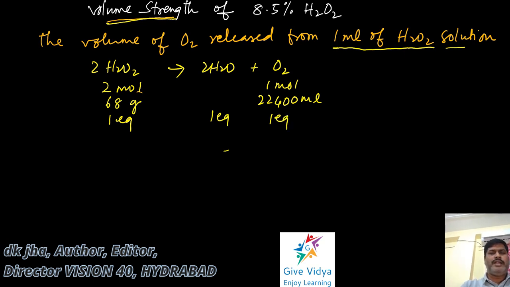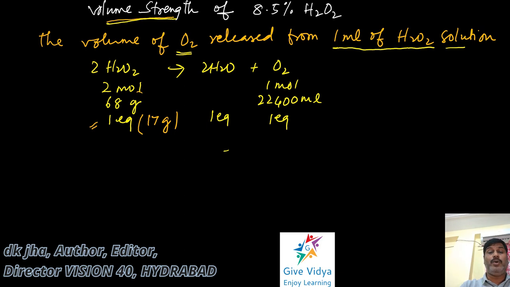So let's understand, this is one of the simplest ways to understand this thing, that one equivalent of H2O2 on decomposition will give one equivalent of H2O and one equivalent of O2. So what is the meaning of one equivalent here? The one equivalent is basically 17 gram.